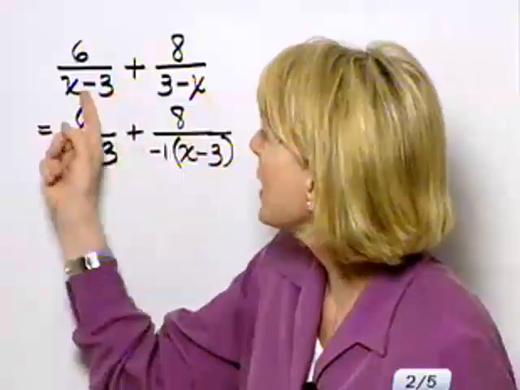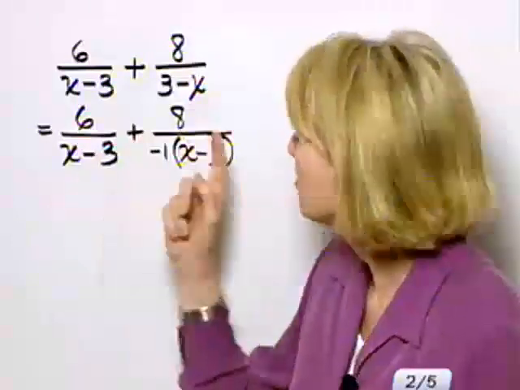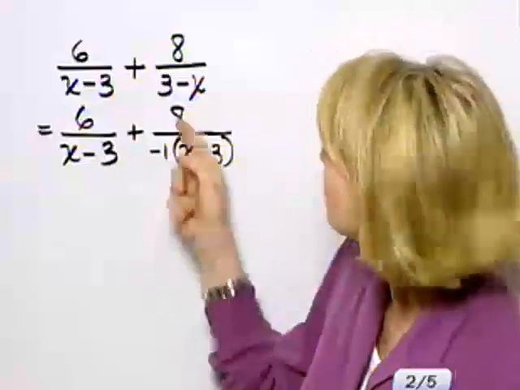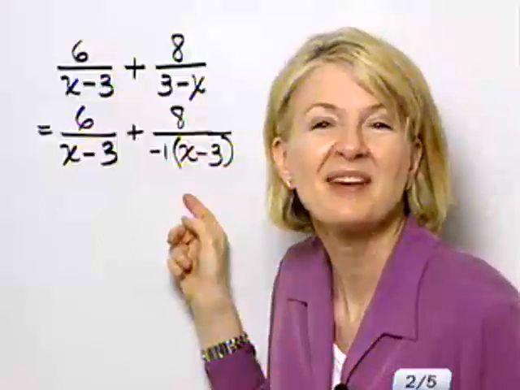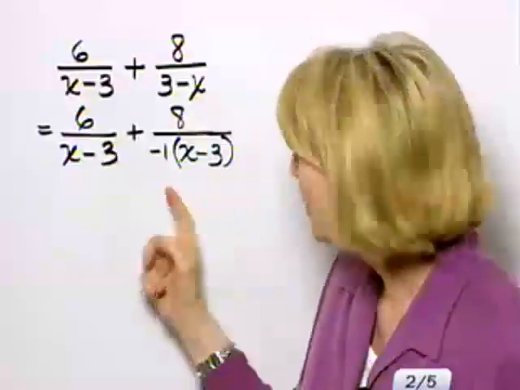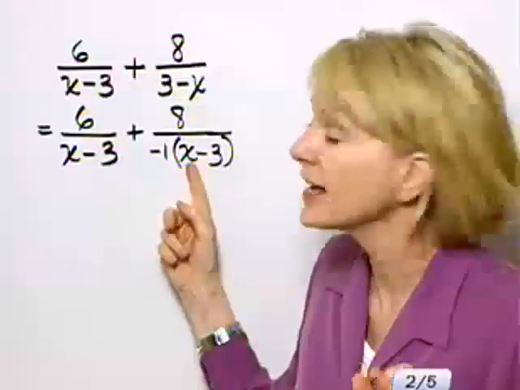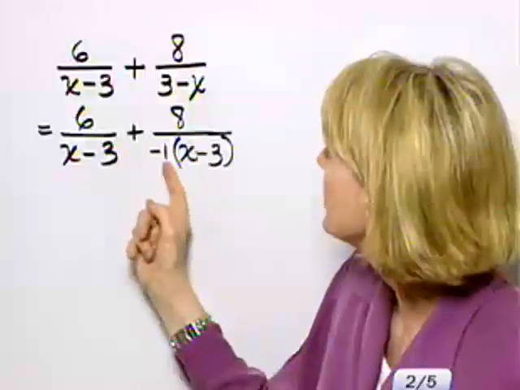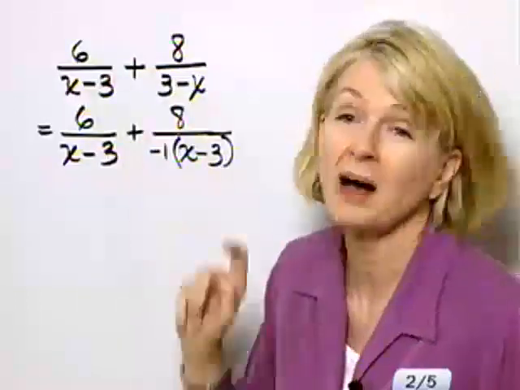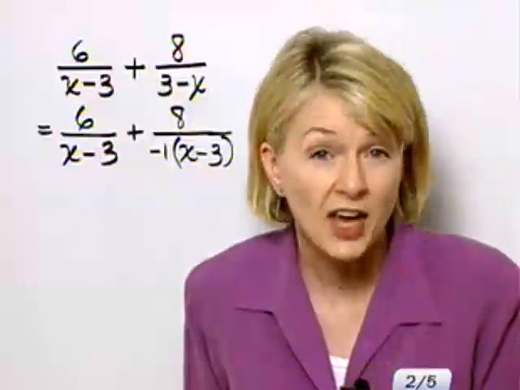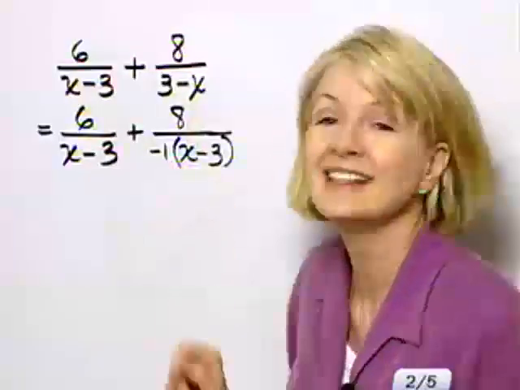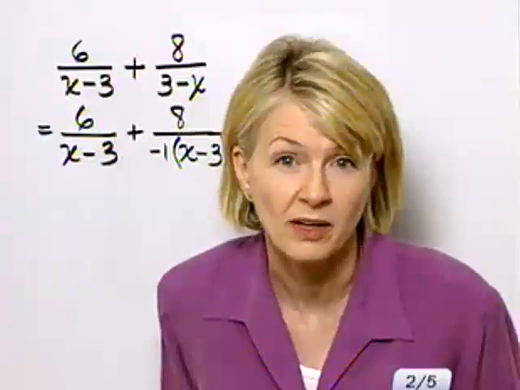Since they are opposites, this one must be the same as this. And double check. -1 times x, that's negative x, which is what I have. -1 times -3, that's positive 3. I haven't changed it. I've just rewritten it as an equivalent form.